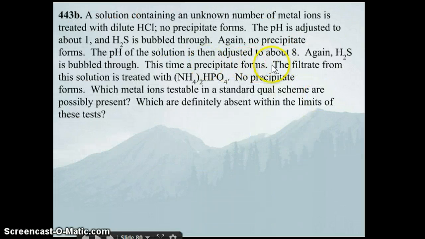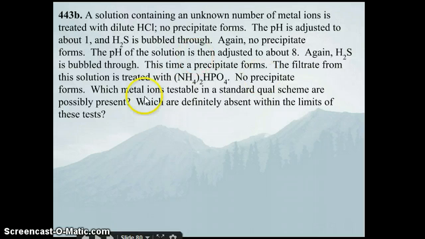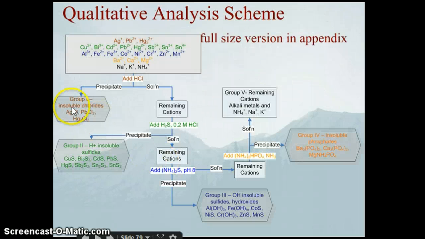So for the precipitate, the filtrate from the solution is treated with the ammonium hydrogen phosphate and no precipitate forms. So that was our last step for checking for group 4, and since we got no precipitate, we can conclude that we have none of these cations in our solution. And then now the question is simply asking which metal elements are testable in a standard qual scheme possibly present and which are definitely absent. So we knew that there were no group 1s, there were no group 2s because we didn't get a precipitate here or here.